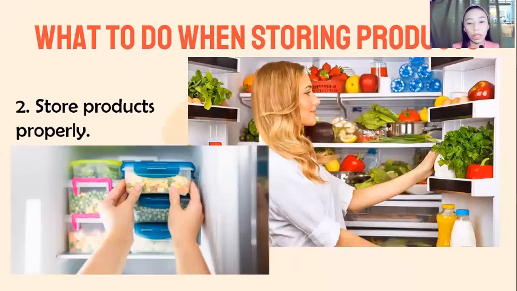Second is store products properly. We have here an example in the refrigerator. Of course, you have to store the vegetables in the same part, the eggs at the top, the door portion, and then the fruits.